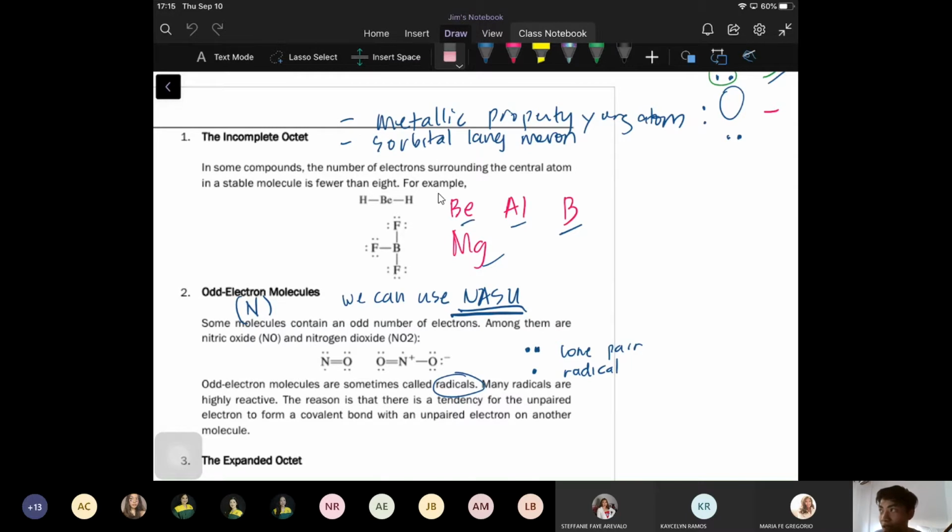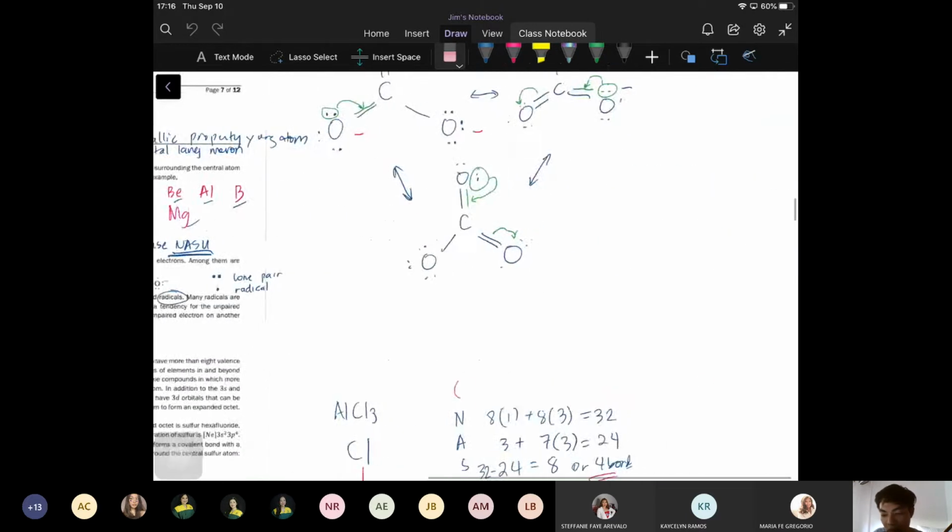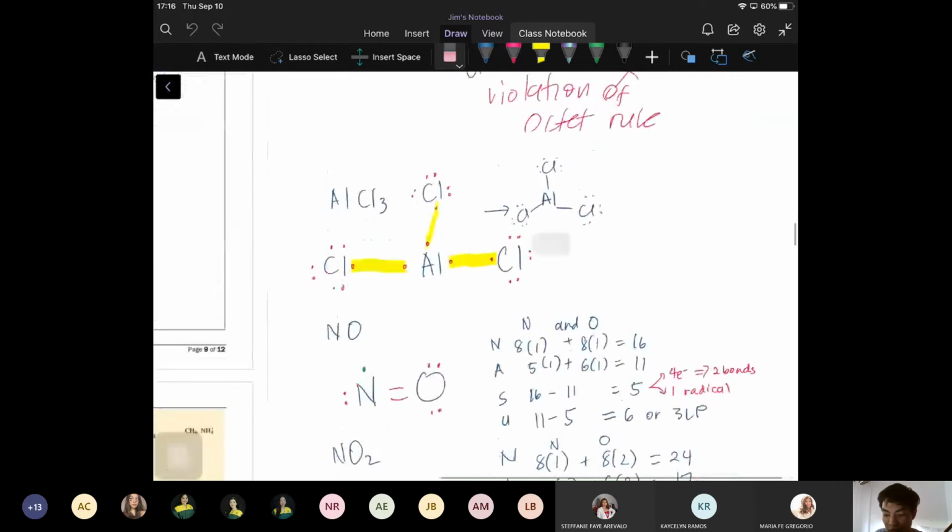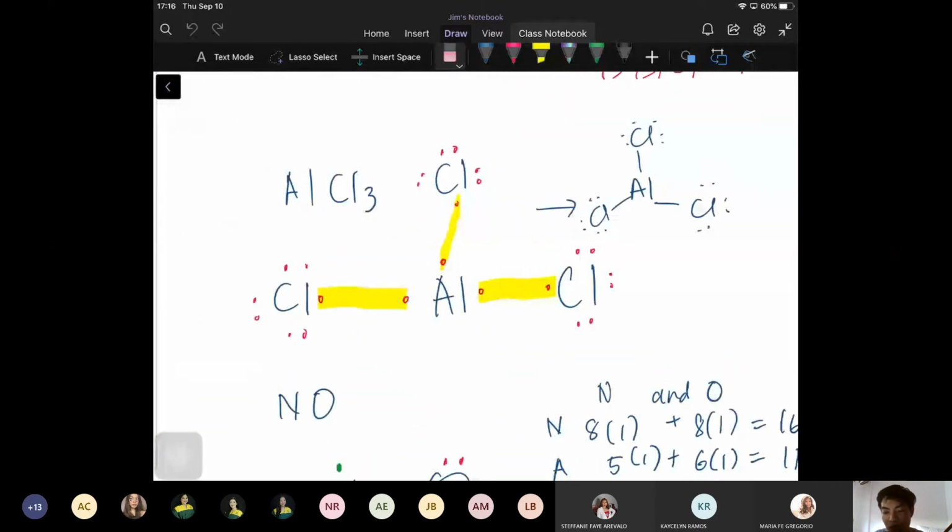So pag nakakita ka ng ganyang atom, wag ka na mag-octet rule. Basta may makita ka na atom na s orbital, o kaya may makita kang atom na metal yung central atom, wag ka na mag-octet rule. Ano gagawin mo na lang? Kaysa mag-octet rule ka, i-draw mo na lang yung Lewis dot symbols, no?